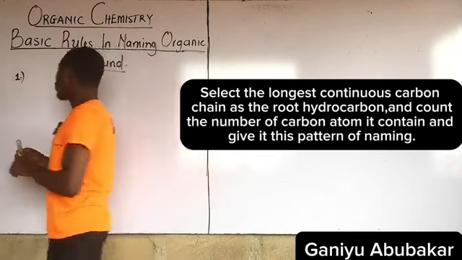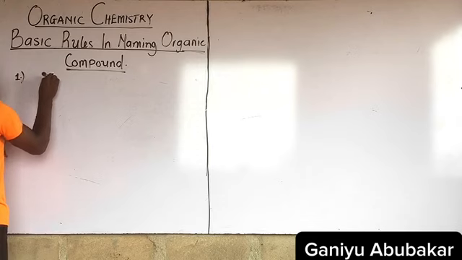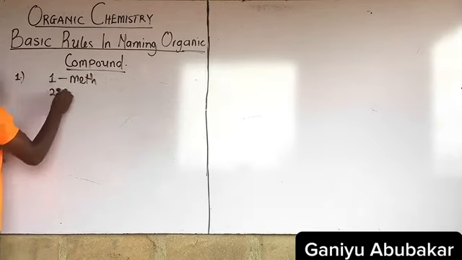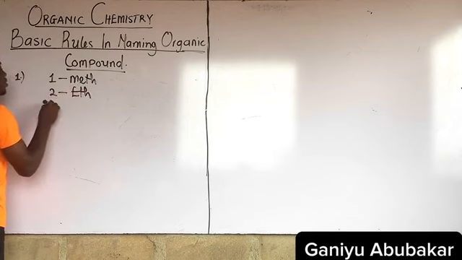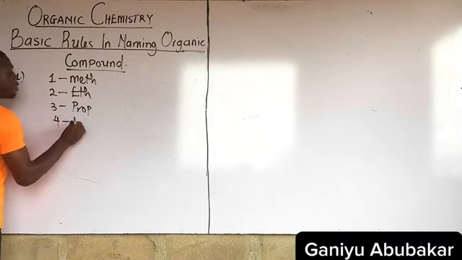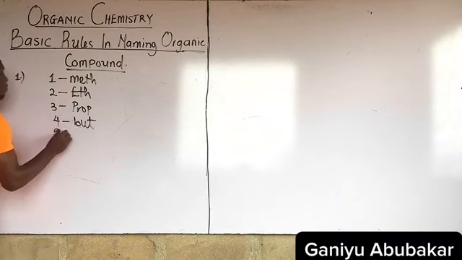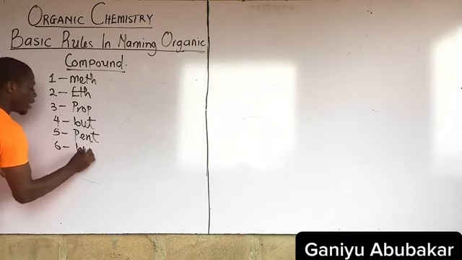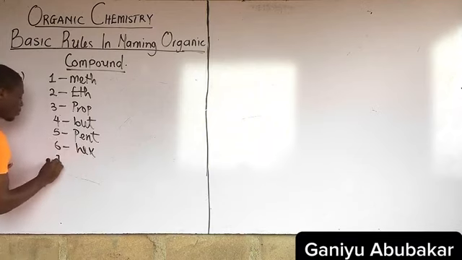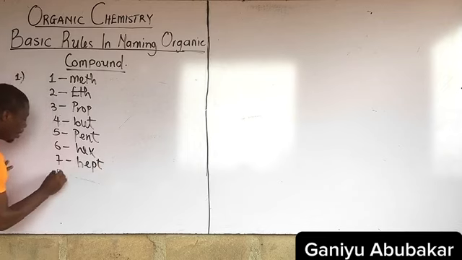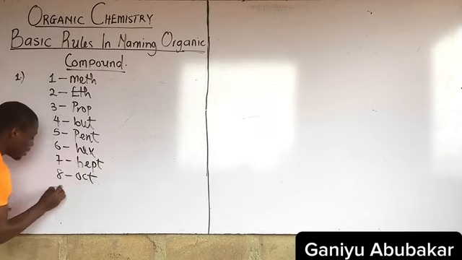If it contains 1 carbon atom, call it meth. 2 carbon atoms, call it eth. 3, call it prop. 4, call it but. 5, call it pent. 6, call it hex. 7, call it hept. 8, oct.